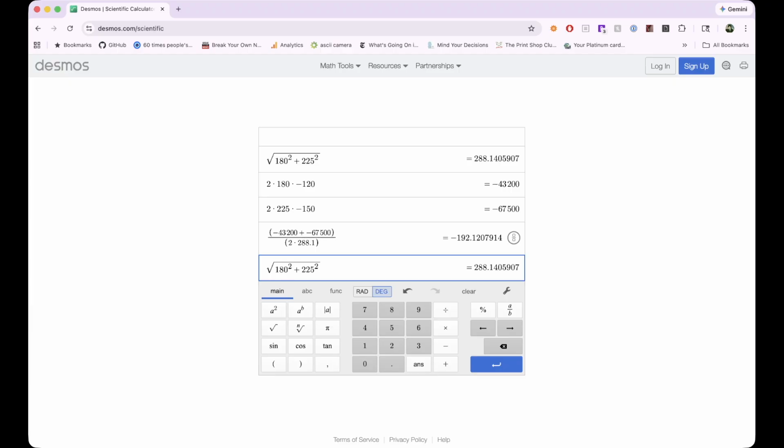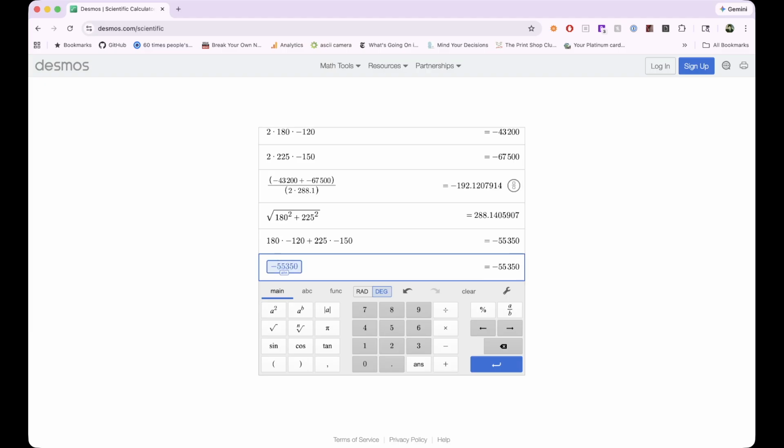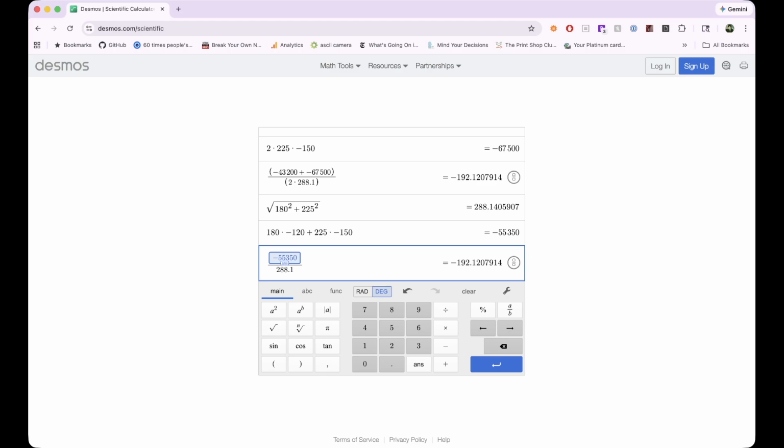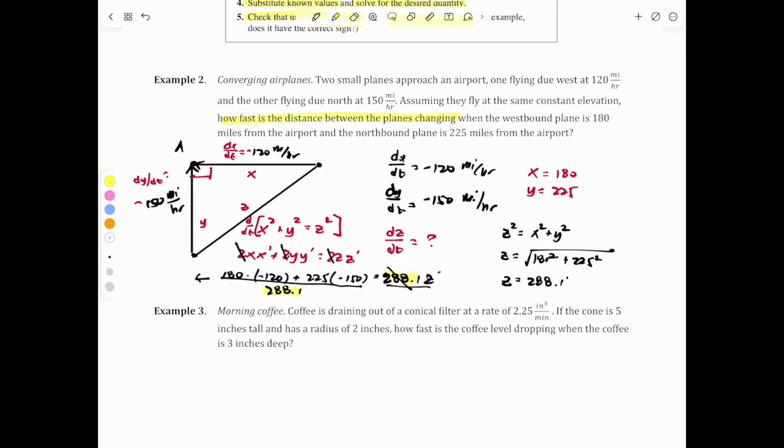We have 180 times negative 120 plus 225 times negative 150, all over 288.1. And this gives us negative 192.1. And that's z prime.